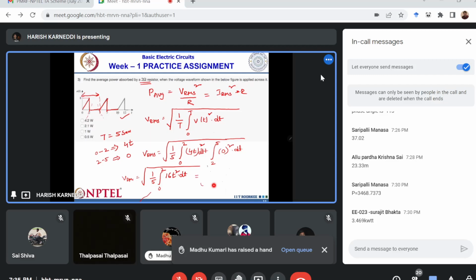So we take 16 as a common factor. Therefore 16 by 5, integration of t square is t cube by 3, right? The lower limit is 0, upper limit is 2. Is it clear?